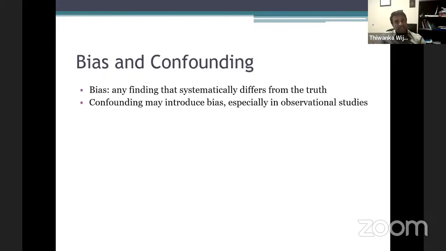So bias is any finding that systematically differs from the truth. Either it might be how we selected the populations, how the controls, etc. So anything that systematically differs from the truth is called a bias. And confounding is a particular type of bias that we will get into.